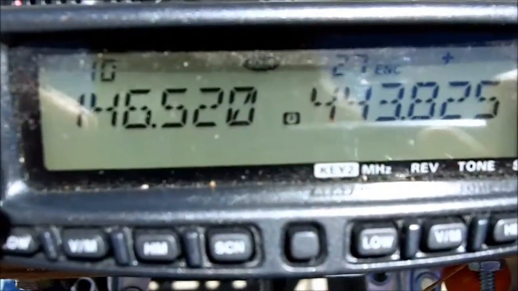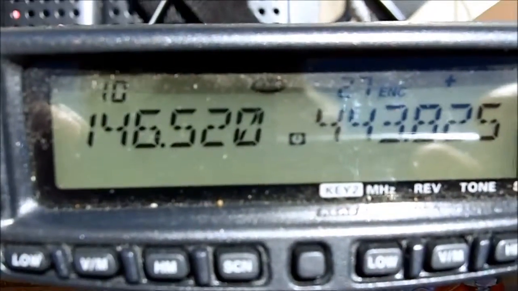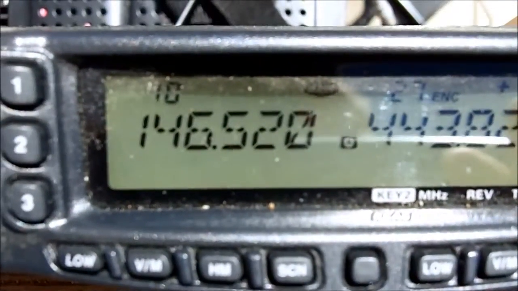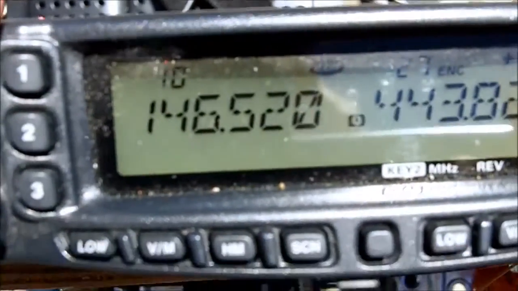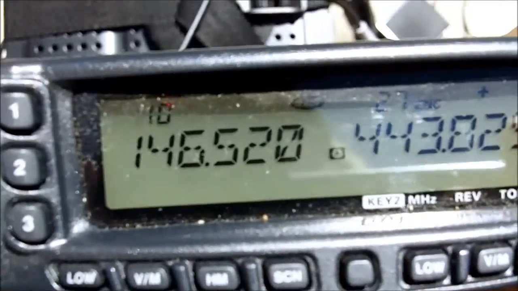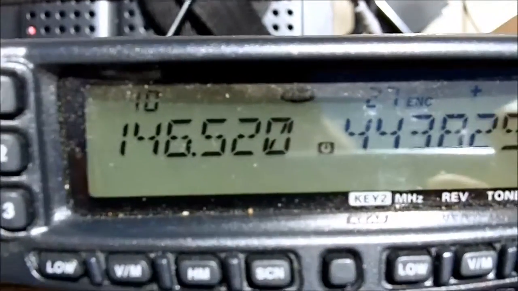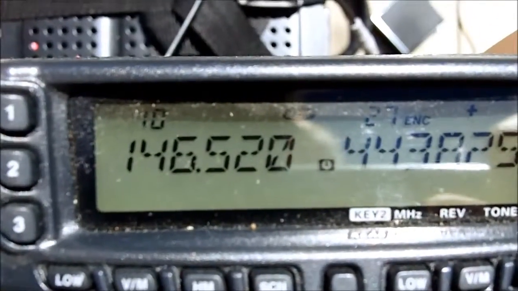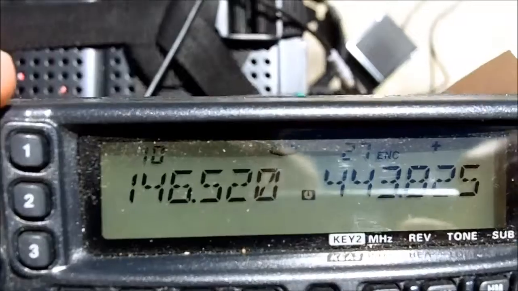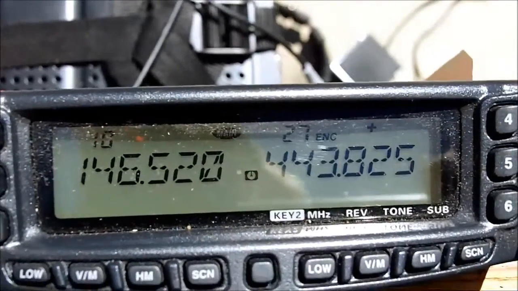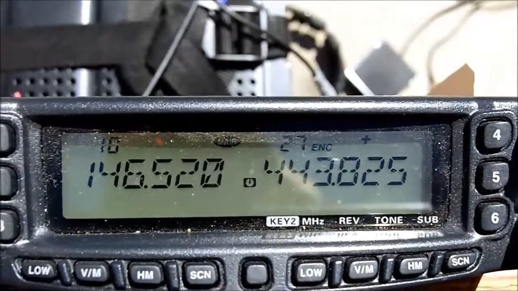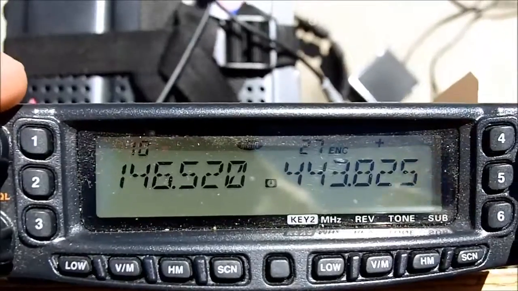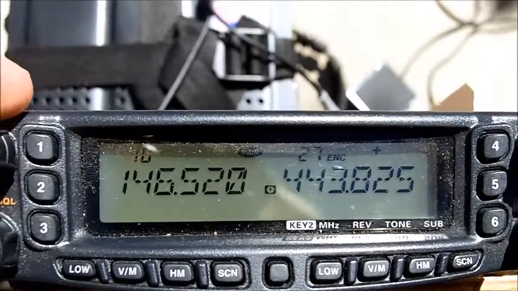This is on one of the former lists. This is a frequency that's typically used for the wilderness protocol. If you're in the backcountry, there are people that monitor this frequency on a regular basis at particular days and times.